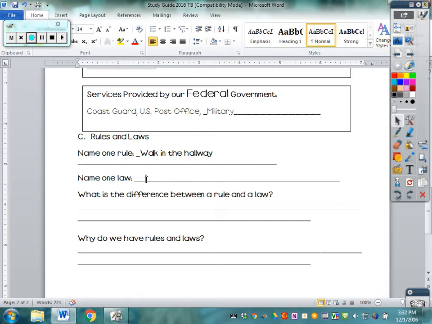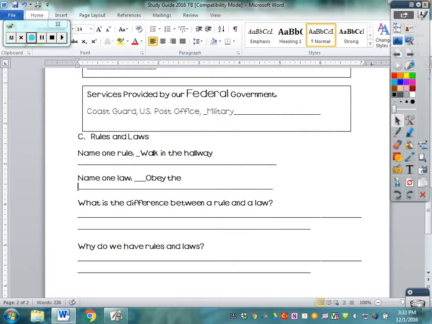Name one law, like a rule, like to obey the speed limit. That is a law. It is a rule, but it's something that's enforced by the police and that everyone must follow. So that's the difference between a rule and the law.